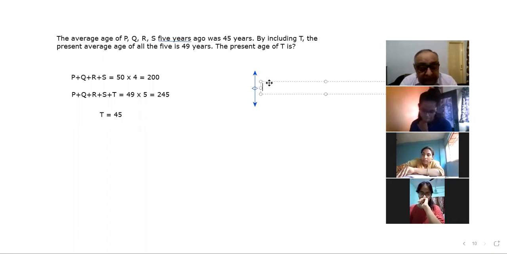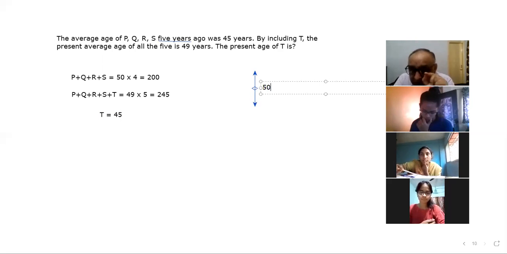But when T entered the group, if the age of T had been equal to the average of the previous 4 persons, then the average would remain 50 after T joined also.